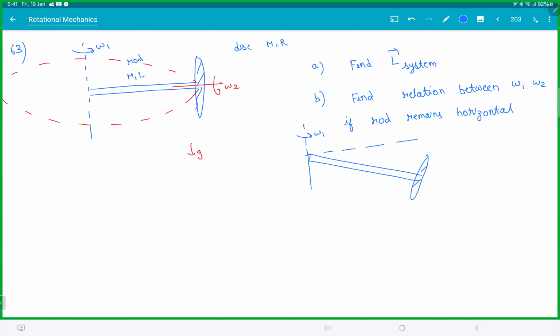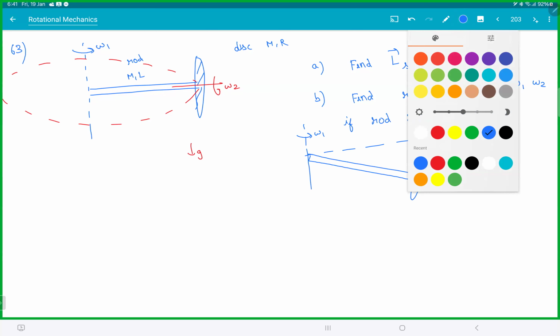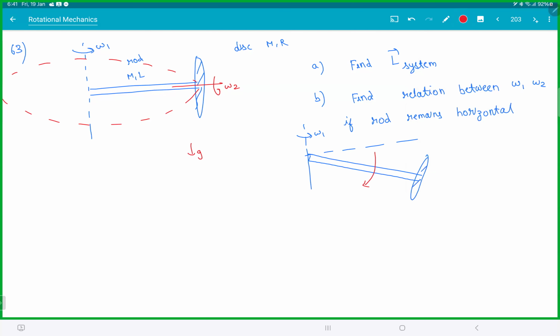Let's do the first one. For B, I'll tell you, there is a possibility of the rod swinging down due to gravity, but it is not happening.